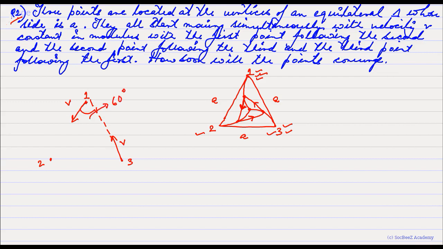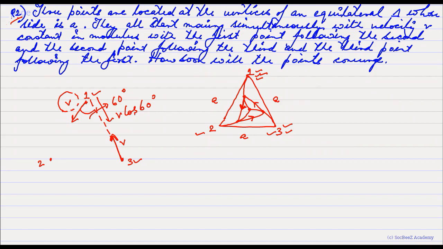Okay, now the relative velocity of the first point with respect to the third point initially is going to be equal to, this velocity has some component along this direction, which is going to be v cos 60 degrees, and this third point has some velocity v in this direction.